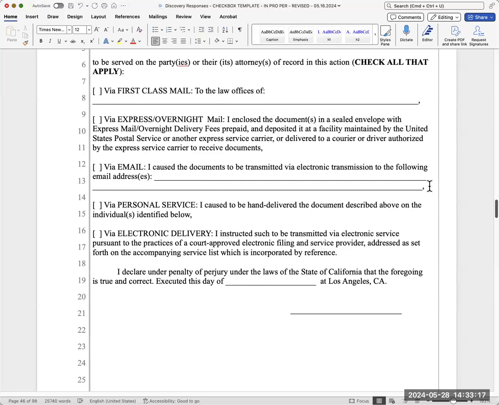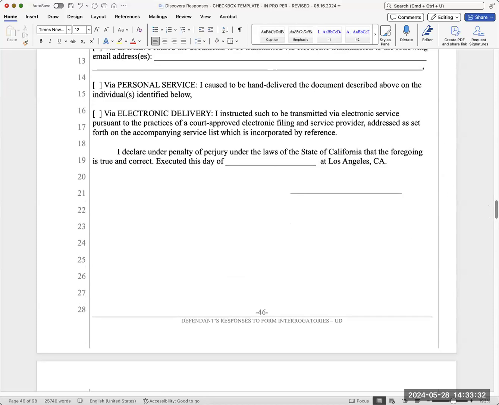No matter what opposing counsel might tell you, like this needs to be in my office by 10 a.m., this needs to be done by 6 p.m., whatever. No, you have until the end of the day to get your responses in. If the deadline falls on a weekend, Saturday, Sunday, or court holiday, it's due the next business day, and you have until the end of that business day, 11:59 p.m., to get the responses in.